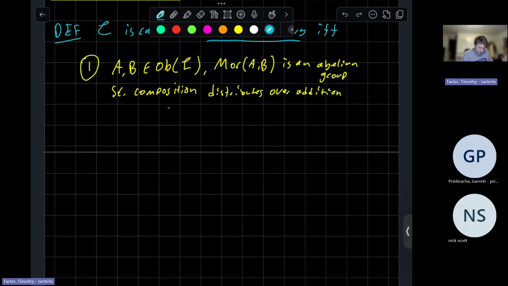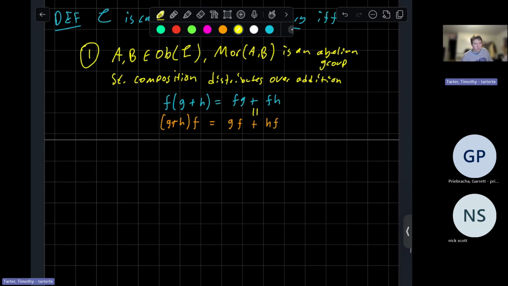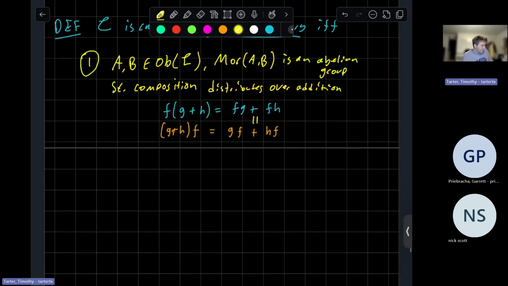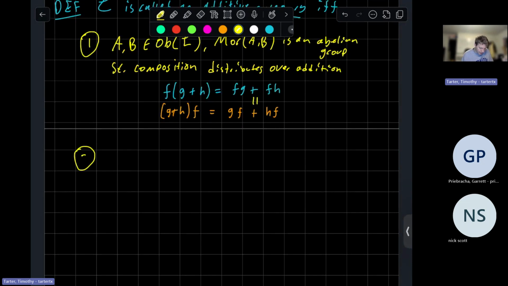So f of g plus h is equal to fg plus fh, and g plus h f is equal to gf plus hf, but because it's an abelian group, these things are also equal. Letting f, g, and h all be in the morphism set or morphism class of the category. Does this make sense? Yeah. Okay.